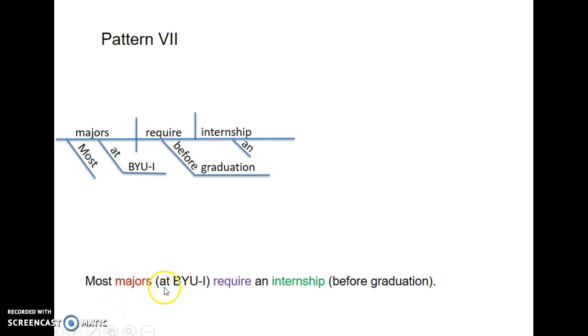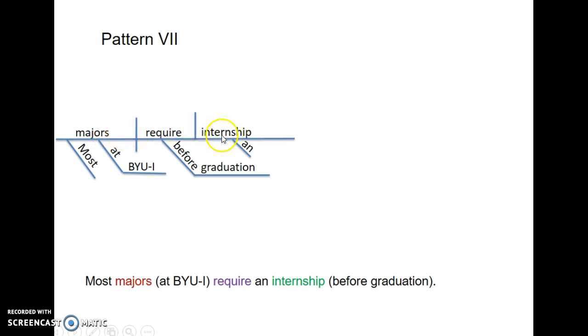Majors is our subject. Then we have a prepositional phrase before we get to our verb require. That's an action verb. Require what? Anytime you have that action verb, ask your question, what or whom. Majors require an internship. Here's our direct object in green. And so that directly follows on that main line with that kind of vertical wall separating the verb from its object.